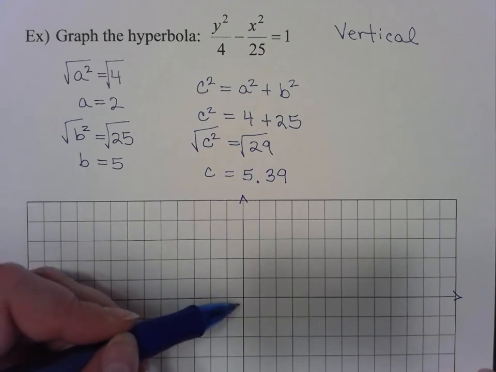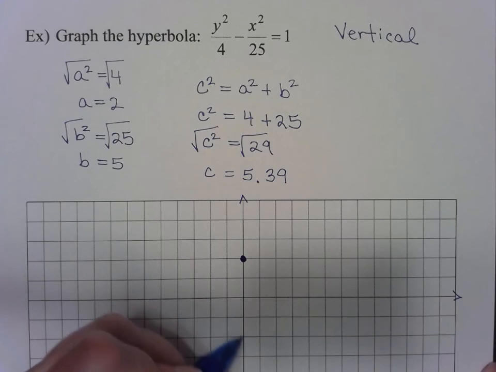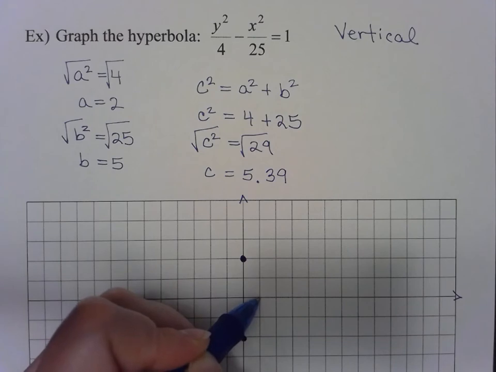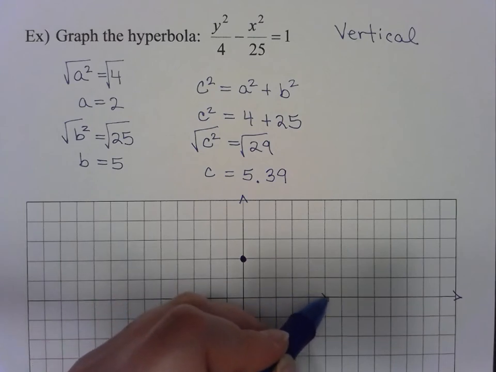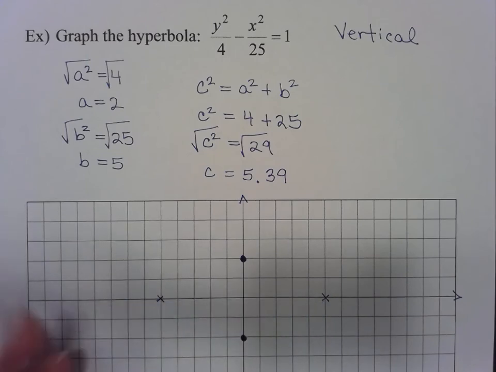So we need to put our point at 2. A is 2 on the y-axis, and at 0, negative 2. And then b is 5 on the x-axis. 1, 2, 3, 4, 5. 1, 2, 3, 4, 5.